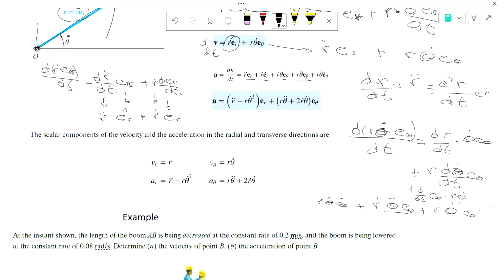Now we have r dot theta dot dot, which is right here, and then r theta dot.